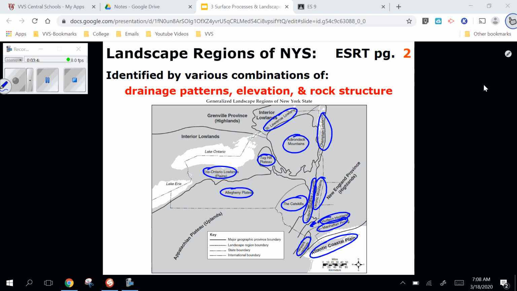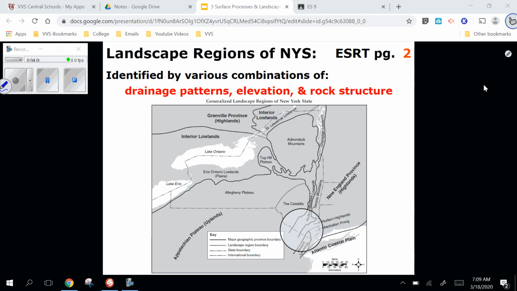So we've got 13 different regions in New York State. Say what you want about other things, political, financial, very expensive, high taxes, that kind of thing. But just aesthetically, we have a very beautiful state. We have all kinds of different natural wonders in our state.